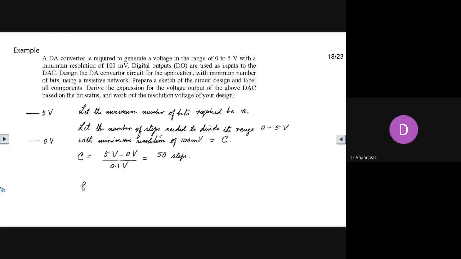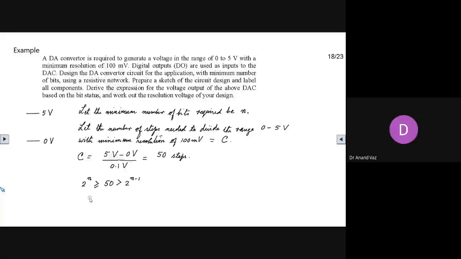So you can see 2 raised to n should be greater than or equal to 50, and 50 should be more than 2 raised to n minus 1. In this particular case, because it's a very simple range, it's just 50 steps, it's easy for us to understand.